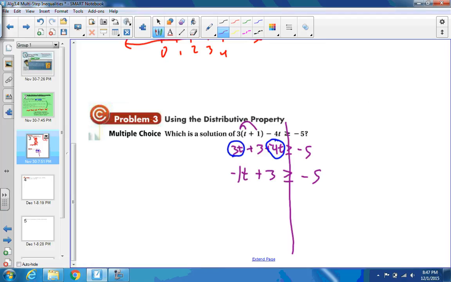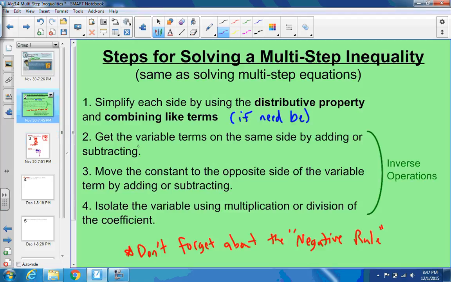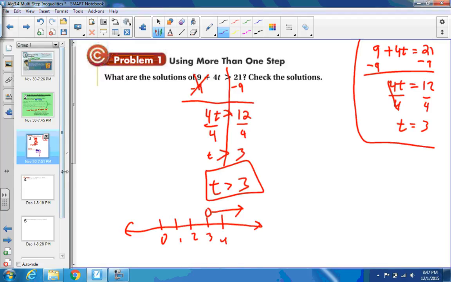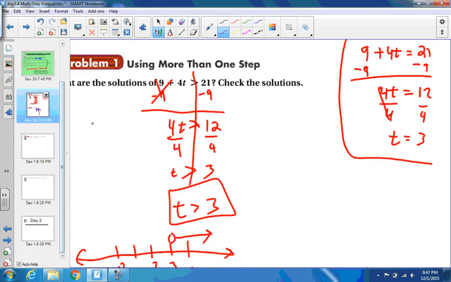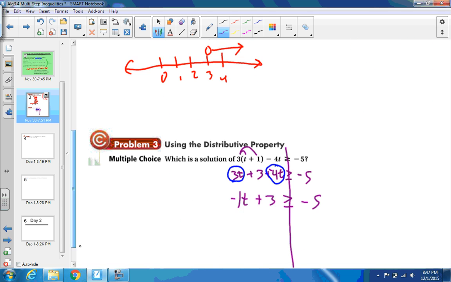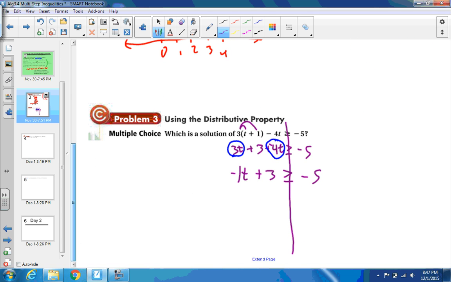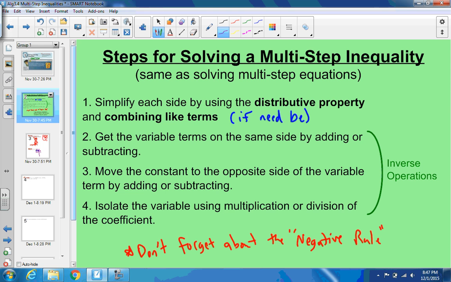Done with that step. So if we look back here, let's go to step 2. Get the variable terms on the same side by adding or subtracting. The variable terms are already on the same side for this problem. So we can just skip then to number 3, which now we're just like a two-step equation.